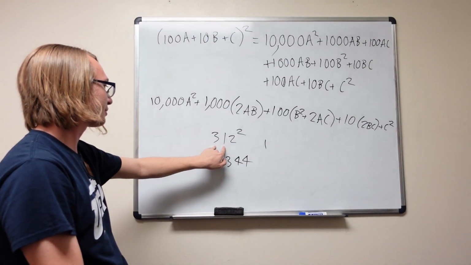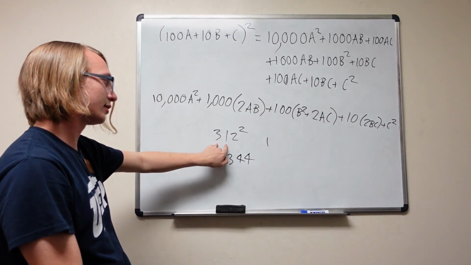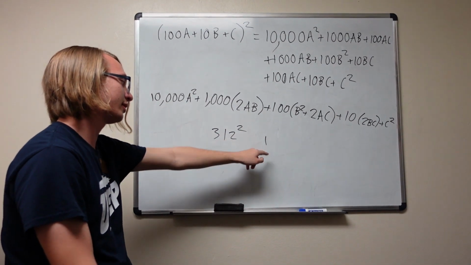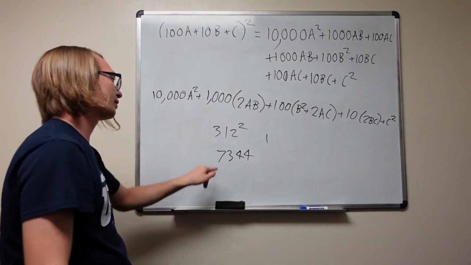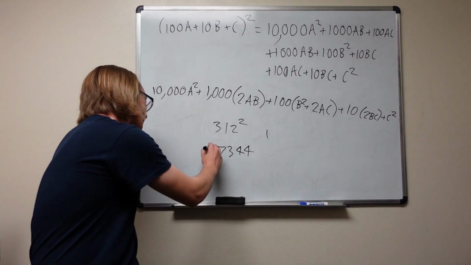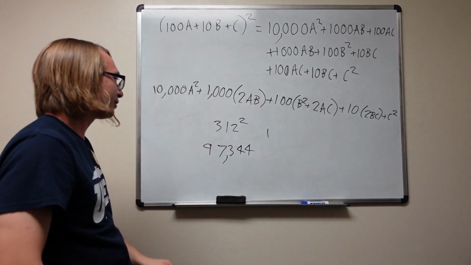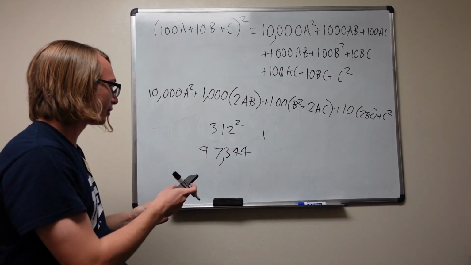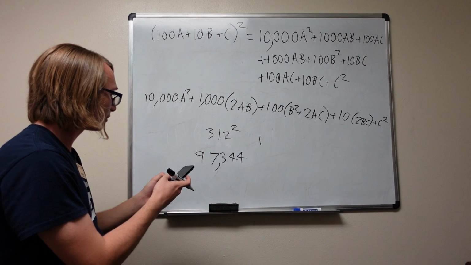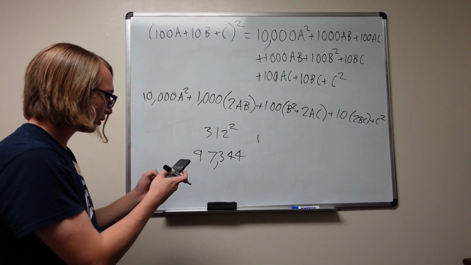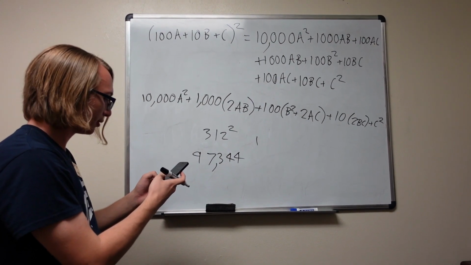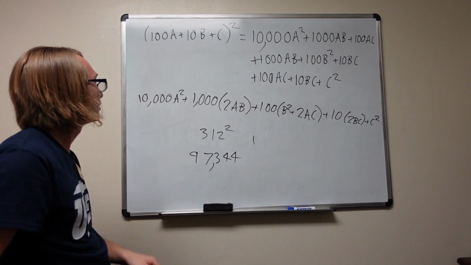So we get 3 times 1 is 3, double it, that's 6, plus the 1 is 7, and then 3 squared is 9. So hopefully if we did this correctly, 312 squared should be 97,344, and that is correct.